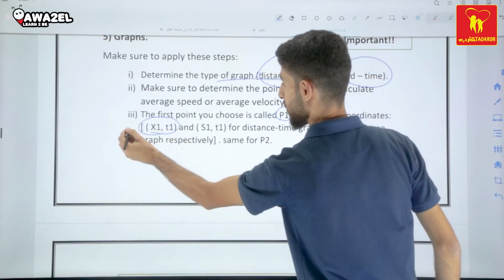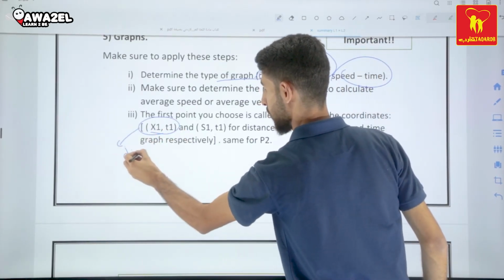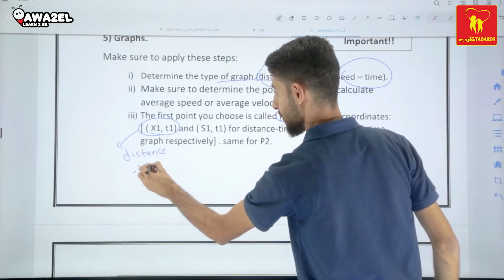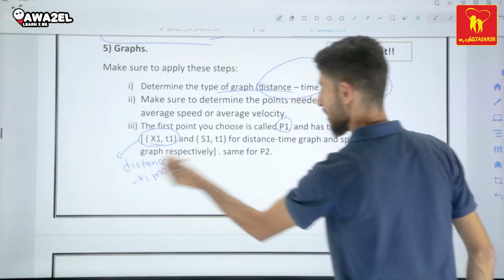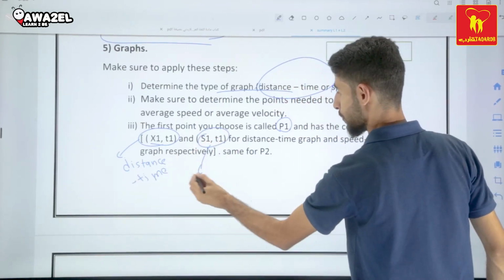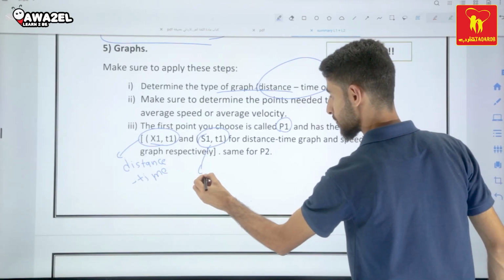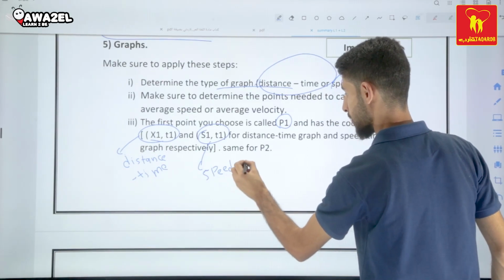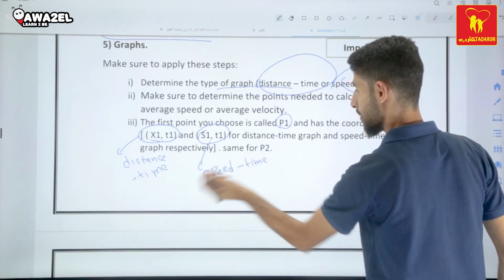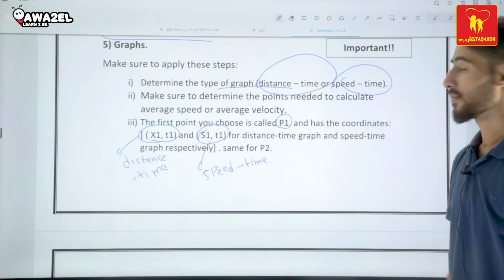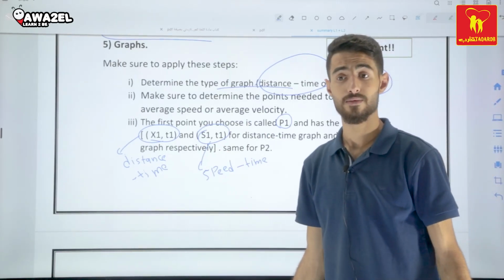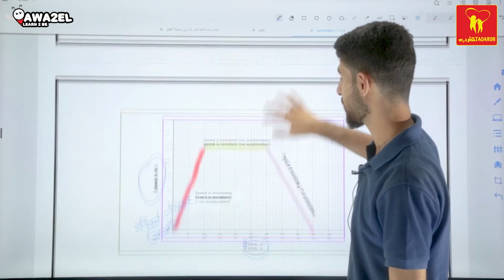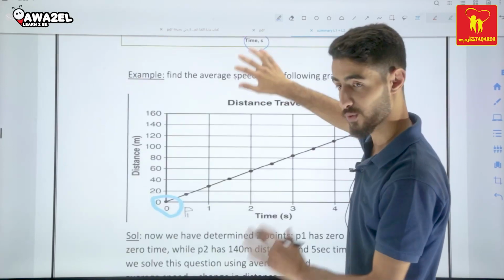This is for distance-time, and here for the speed-time graph. Okay? What are you saying? Yes, that's what you're going to ask. Teacher, what are you saying? Let's leave this for now.